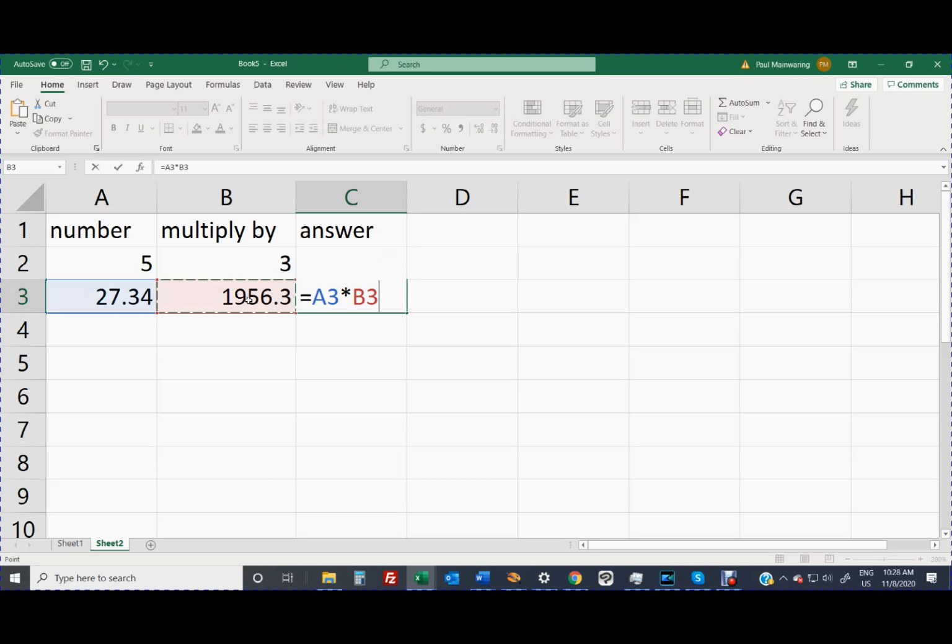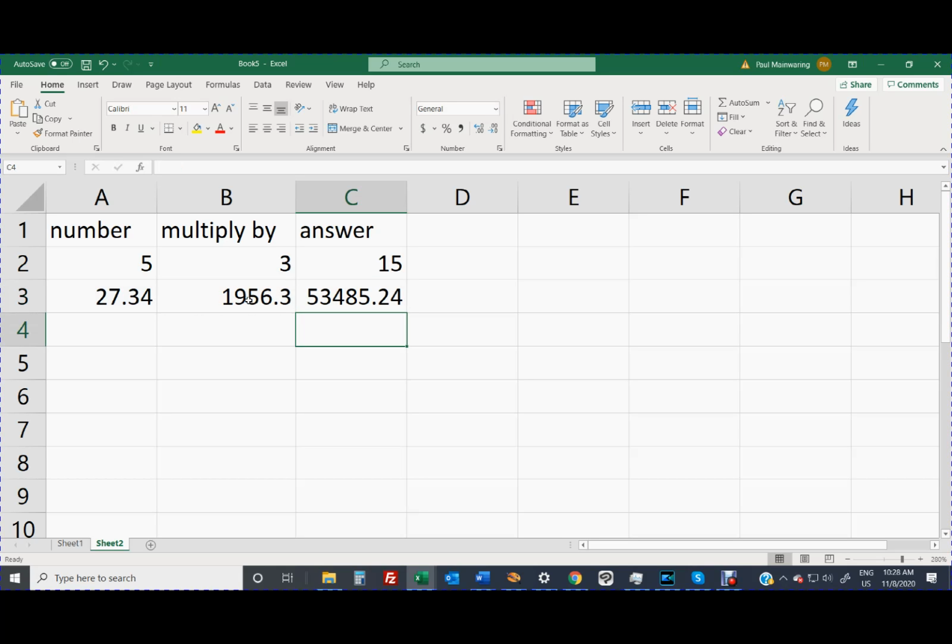Okay? It's that easy. And then we do a carriage return, and it calculates it. Now, this is actually better than a calculator. It does things beautifully. It's a very clever piece of software that allows you to do all sorts of things.